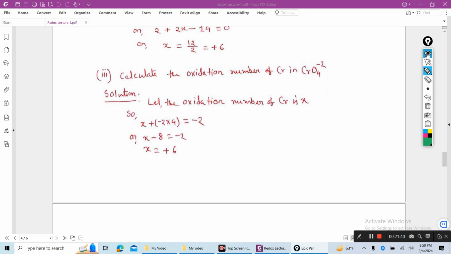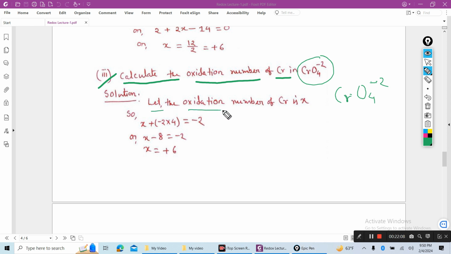Now you see, calculate the oxidation number of chromium in the chromate ion, CrO4 2-.